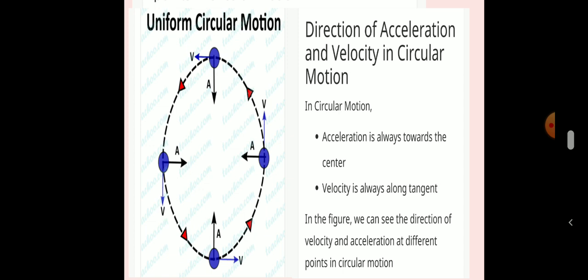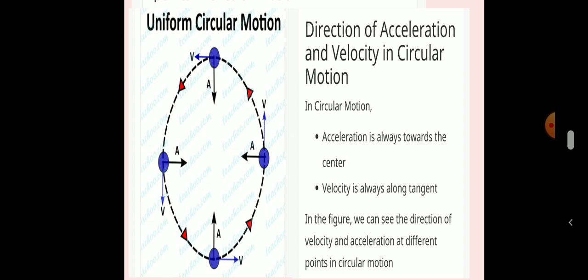This is because once the stone is released, it continues to move along the direction it has been moving at that instant. This shows that the direction of motion changed at every point when the stone was moving along a circular path.